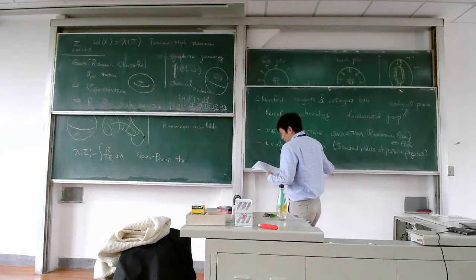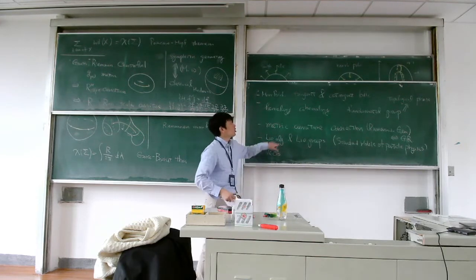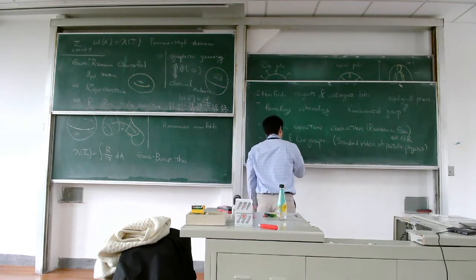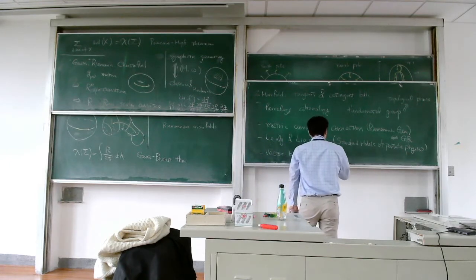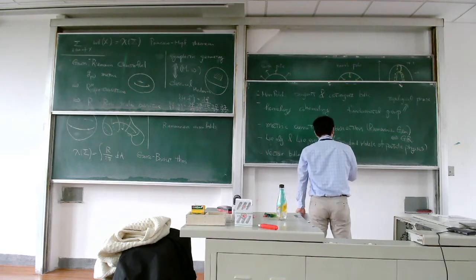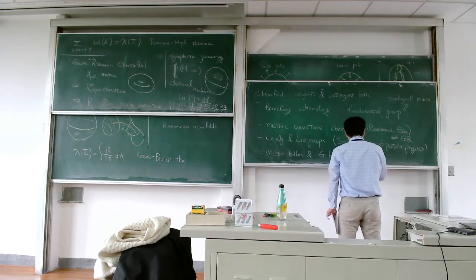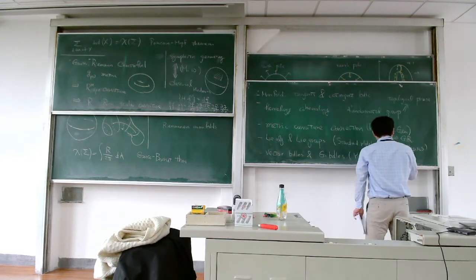And also what we are going to learn is called vector bundle. That generates the notion of tangent and cotangent bundle, vector bundle, and then G bundle, principal G bundle. So this is important to describe so-called Yang-Mills theory.